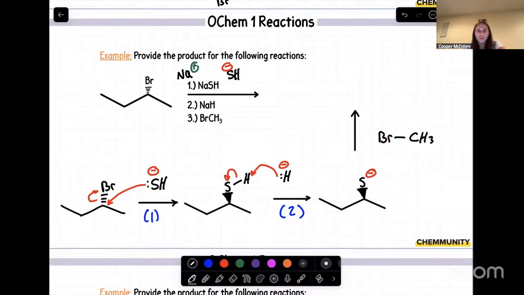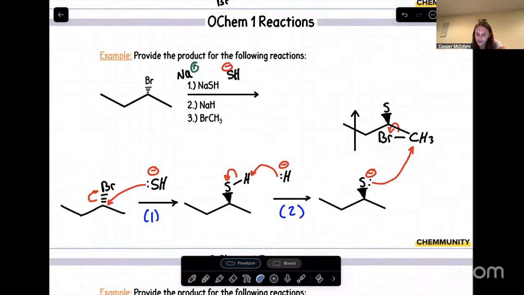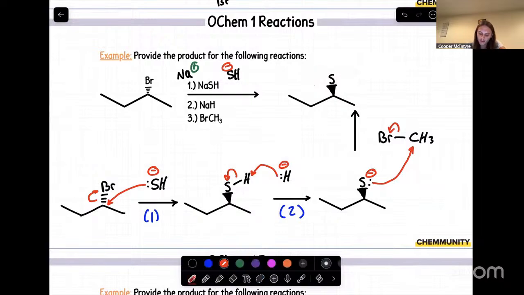So we'll undergo an SN2 reaction where our sulfur will attack that methyl carbon, and then electrons will fall back onto that bromine. And in terms of our final product, this is what it will look like. Just like that, where we added our new carbon right here. Perfect. Sweet.